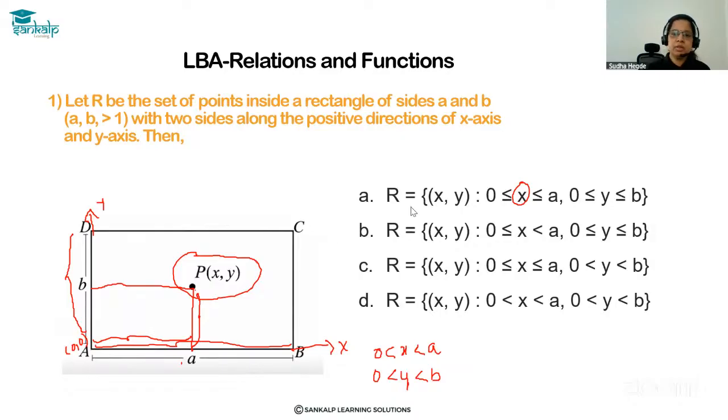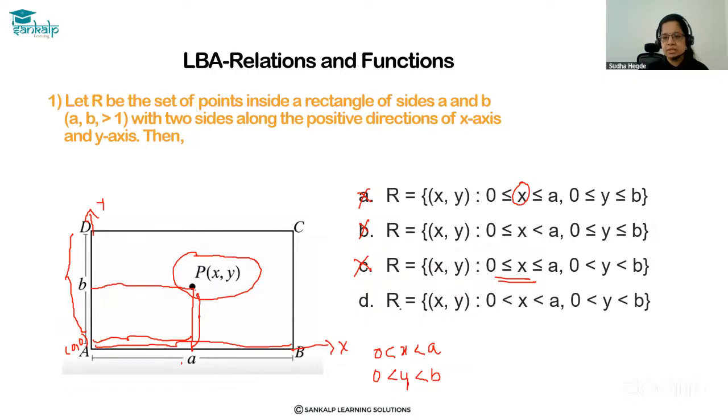Similarly, option B also you can discard because 0 less than or equal to x again. The same thing here also, 0 less than or equal to x. You need not check further. So this is not possible, therefore this is also discarded.